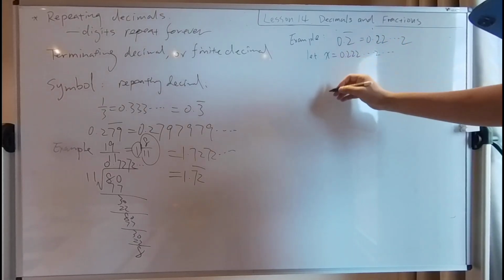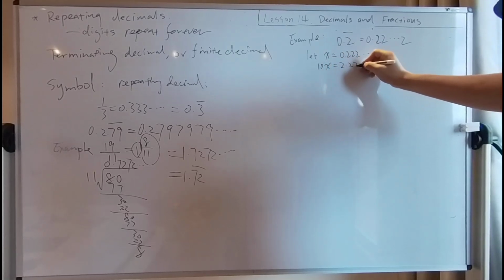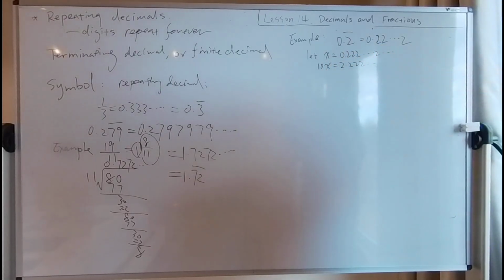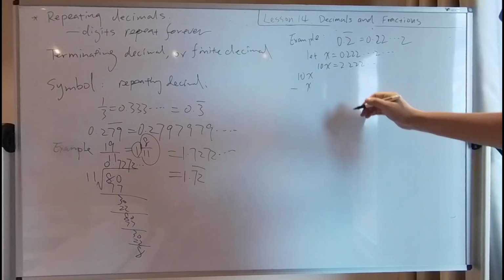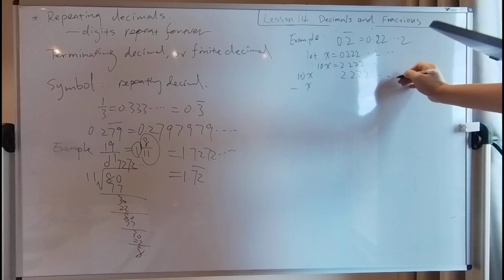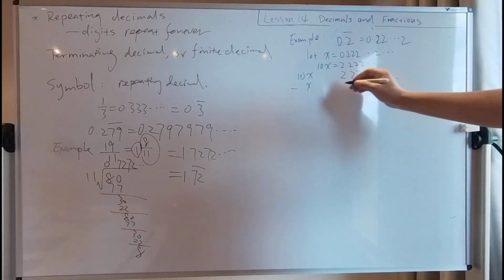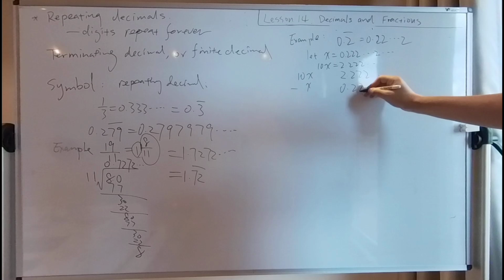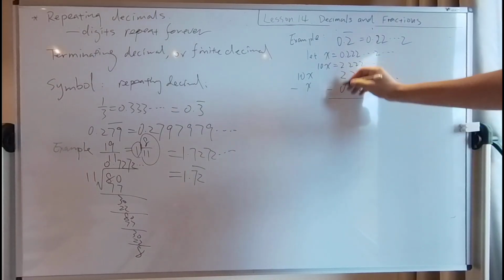Keep going. And then that means 10x is 2.222 with infinitely many 2s. So then 10x minus x is equivalent to 2.222 minus 0.222, keep going, right? And then 2 minus 0 is 2.